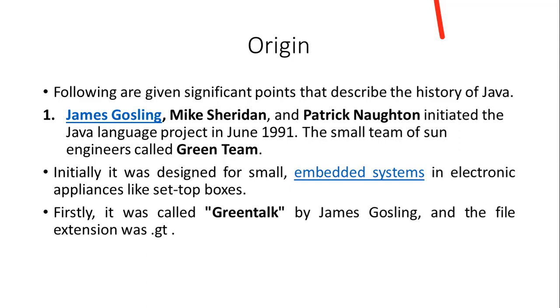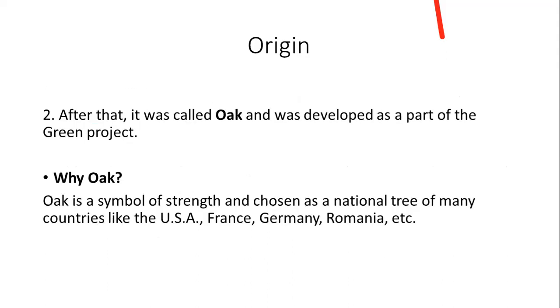Firstly, it was called Green Talk by James Gosling, and its file extension was .gt. After that, it was called Oak and was developed as part of the Green project. The first name of Java was Oak. Why Oak? Because oak is a symbol of strength and is chosen as the national tree of many countries.